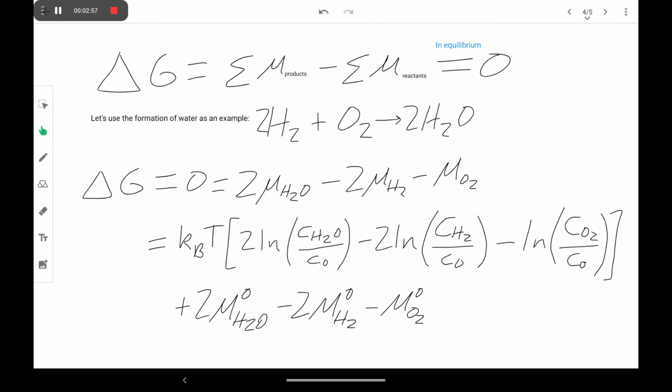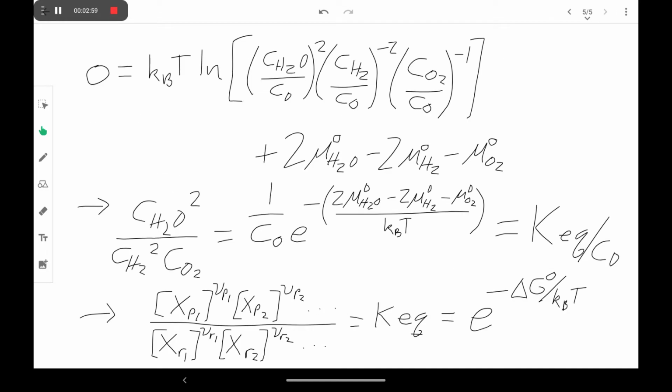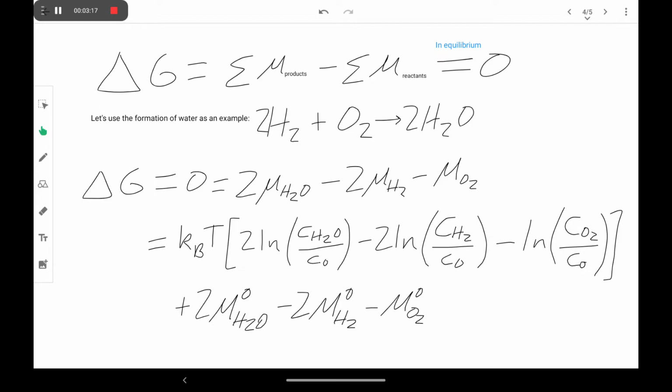With that, we need to do a little bit of algebra. We're going to set that to 0 and use our rules for logs. A factor in front of the natural log becomes a power on the argument of the natural log. And the natural log of A plus the natural log of B plus the natural log of C is the same thing as the natural log of A times B times C. So I've taken this whole thing here and thrown the factors on top of the arguments, including that minus sign.